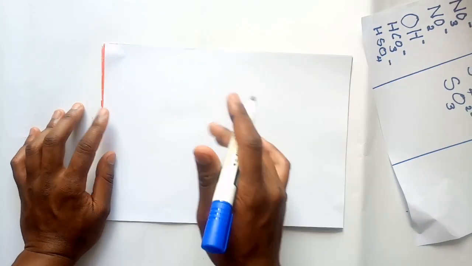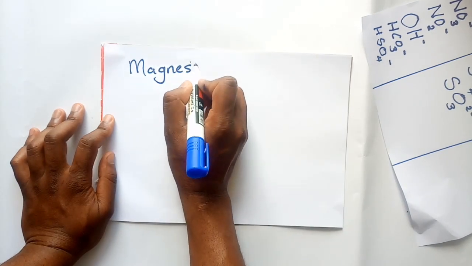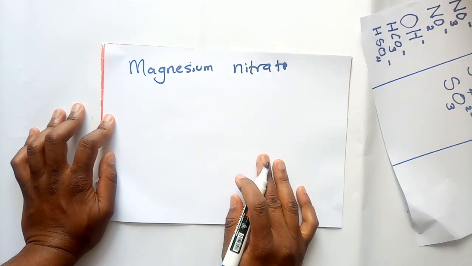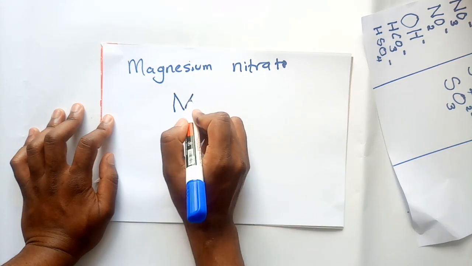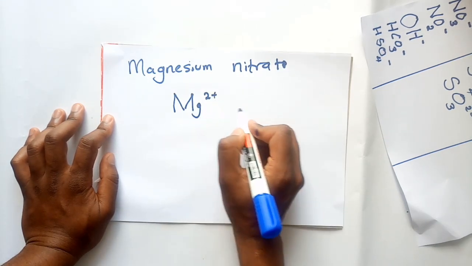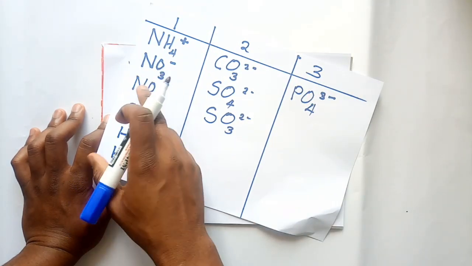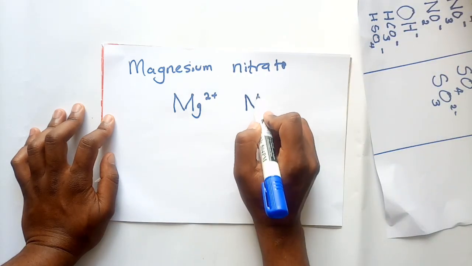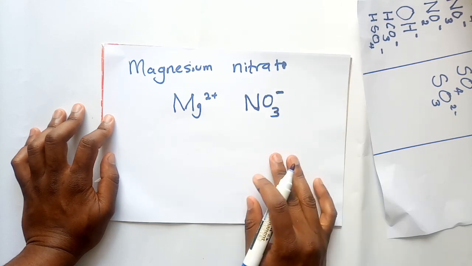I want to go a notch higher, and I want us to look at another one, that is magnesium nitrate. Now, magnesium is magnesium 2 plus, and here is our nitrate, NO3 minus, like that.